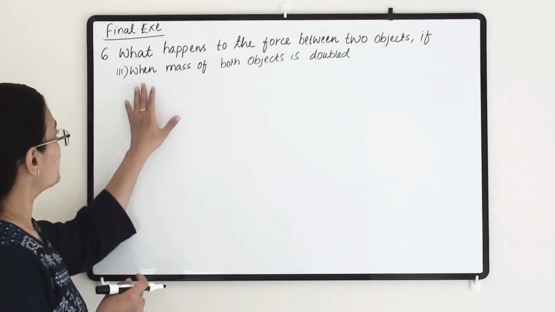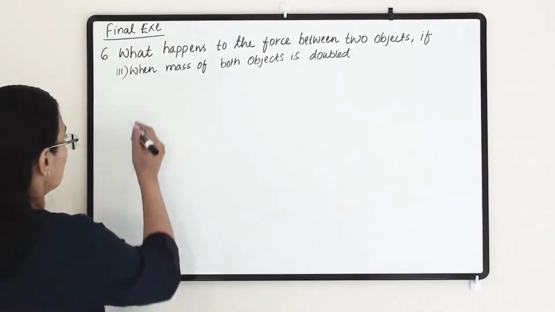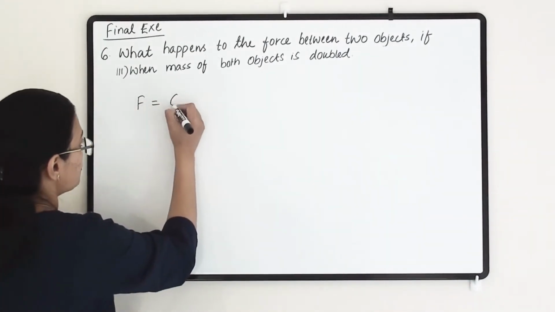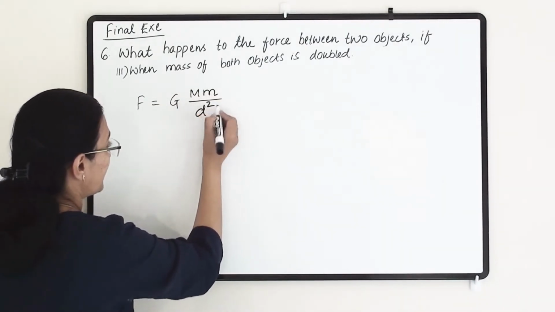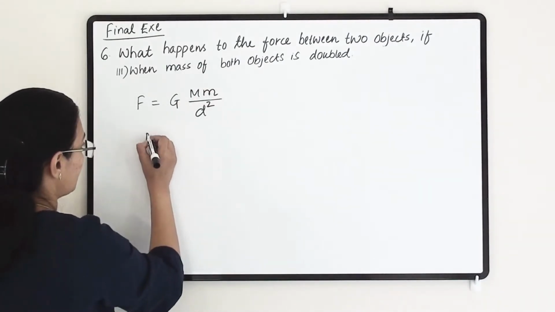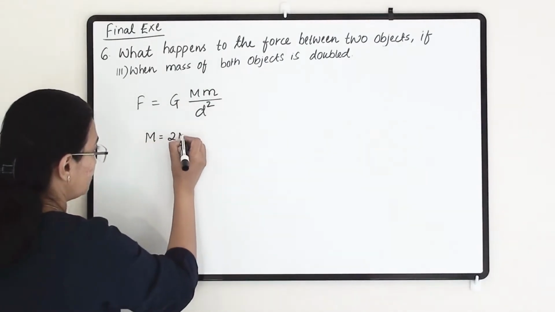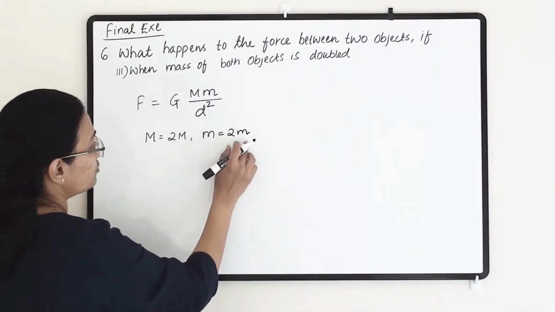The third question is when the mass of both objects is doubled. So our force equals G capital M into small m divided by d square. Now we are making both objects' mass double. So capital M equals 2M and small m equals 2 into small m.